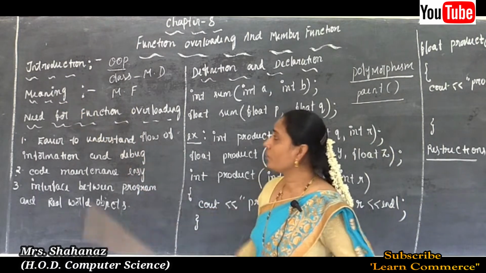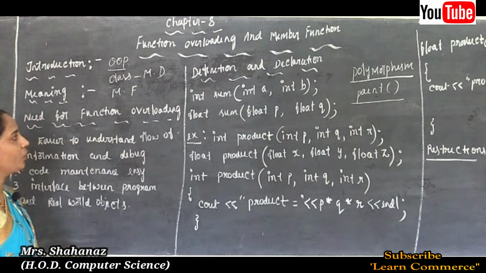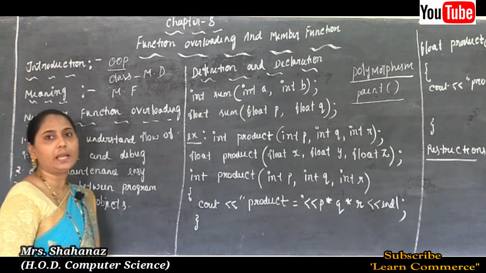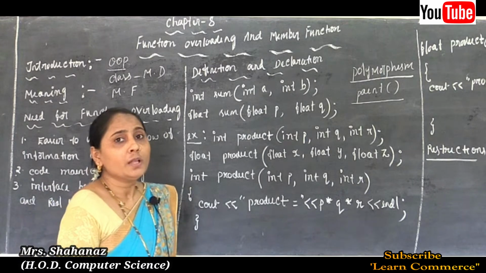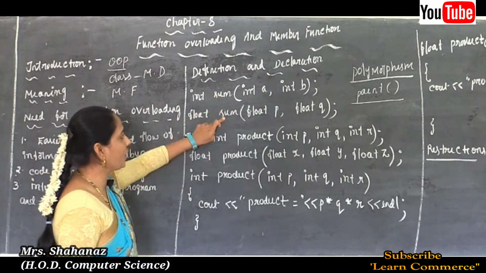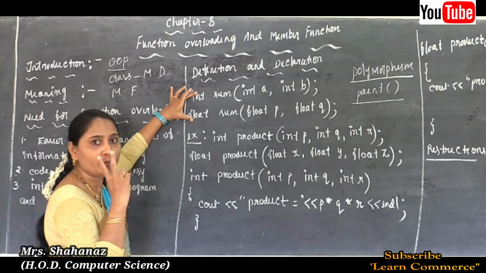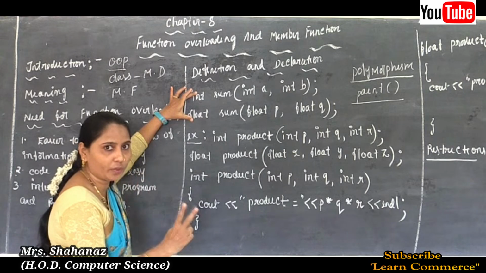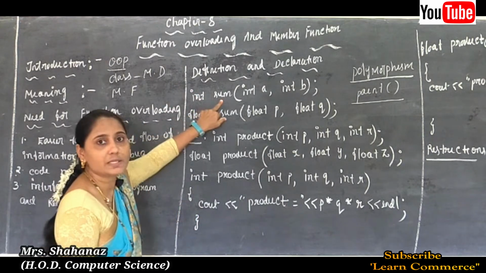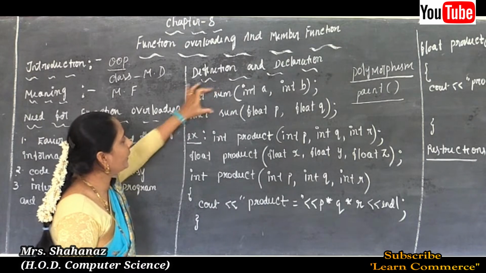So, what is the meaning of function overloading? I want to explain the meaning of function overloading by using an example. Function overloading means two or more functions. In this example I used two functions as function overloading. The function name is sum, S-U-M. On both sides I used the same function name.